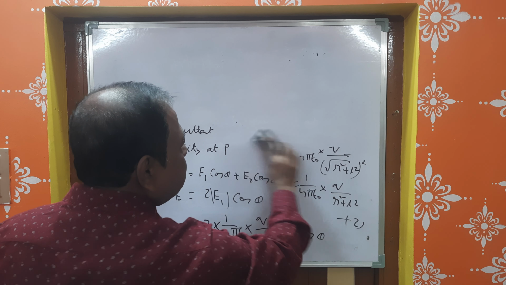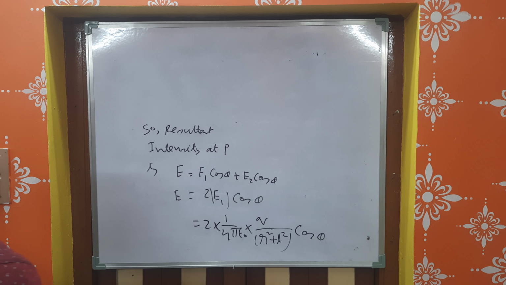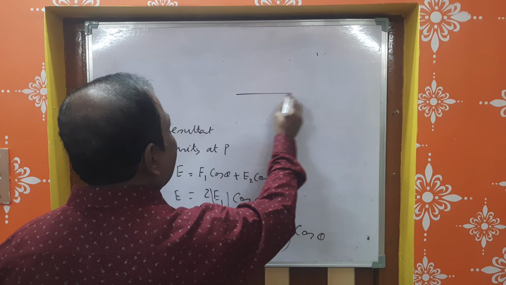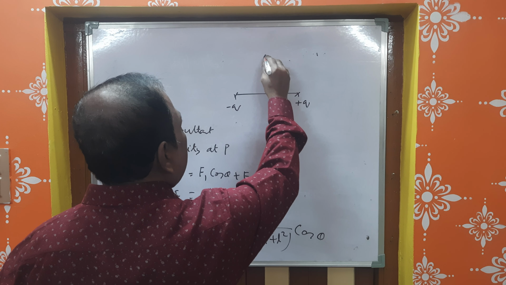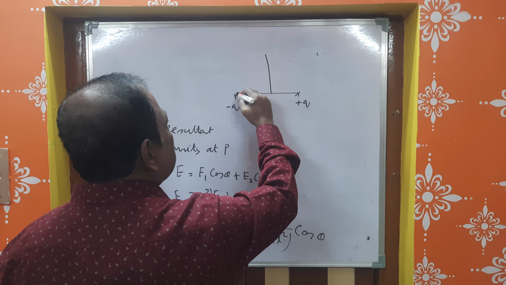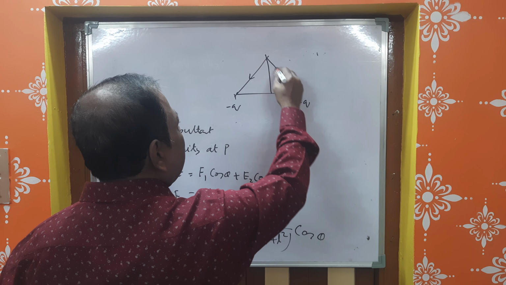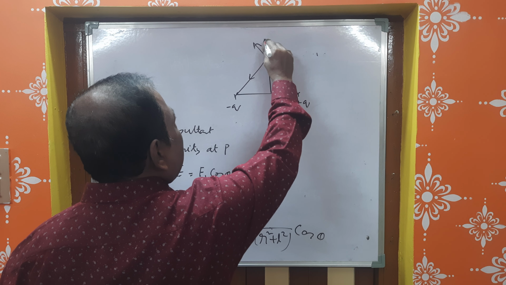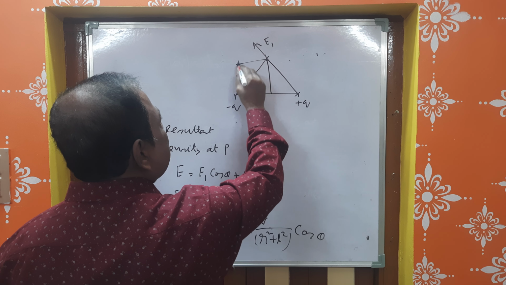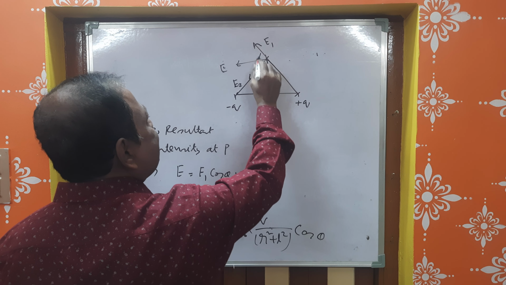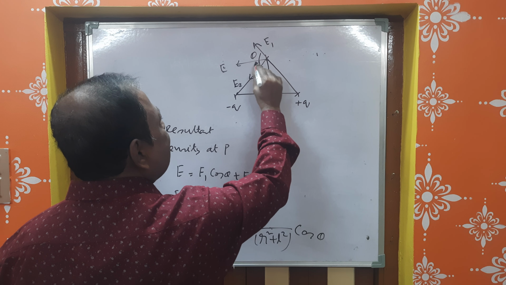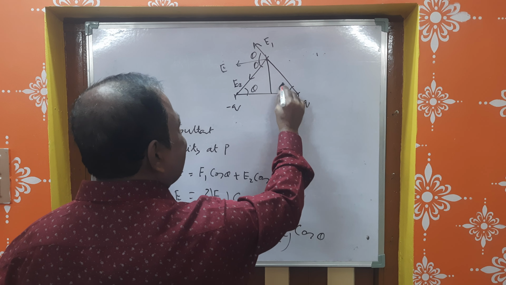Now recall the picture again. That is minus Q, that is plus Q. This is the point, this direction is E2, that is E1, this is E, and this angle is theta.